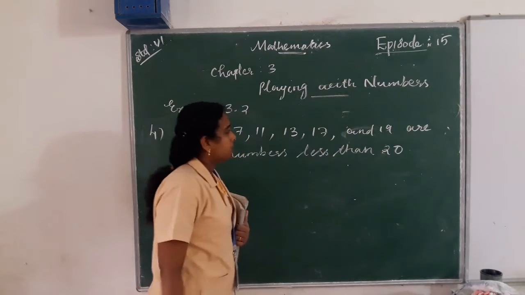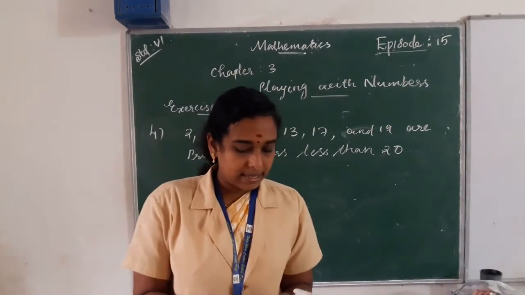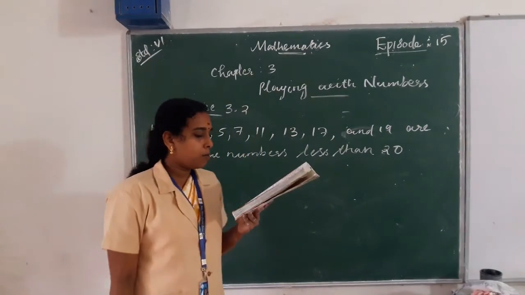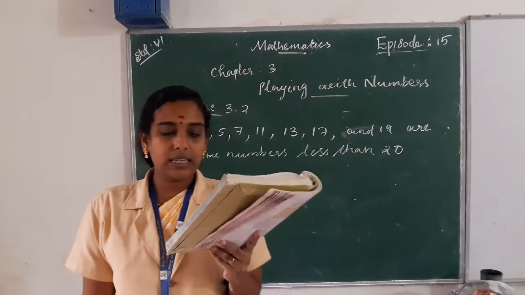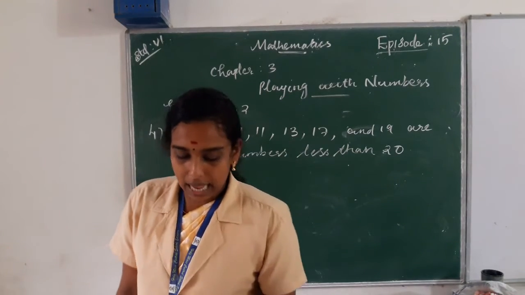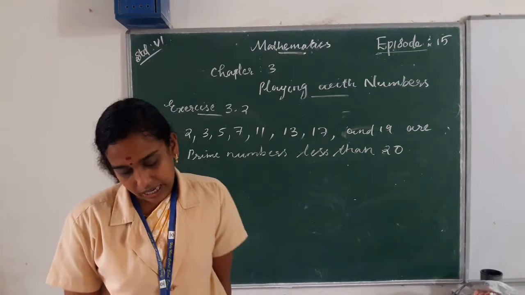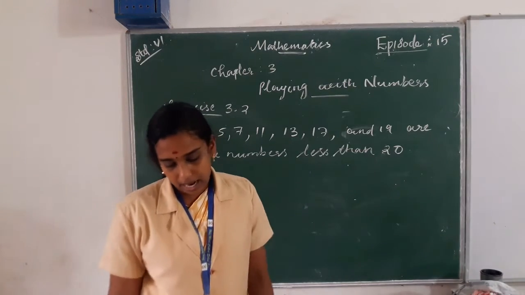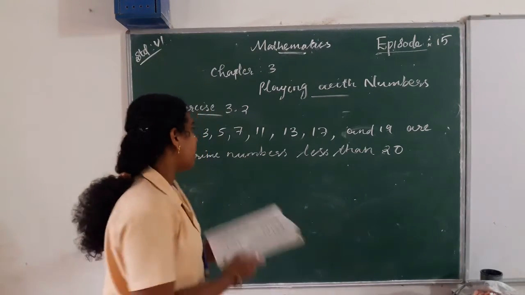Also find the composite numbers less than 20. The composite numbers less than 20 are 4, 6, 8, 9, 10, 12, 14, 15, 16 and 18.